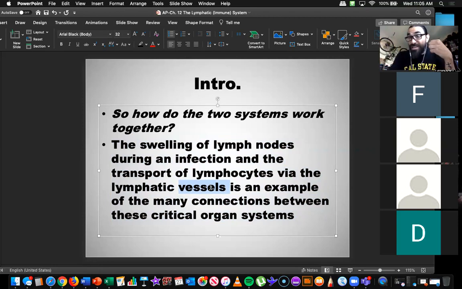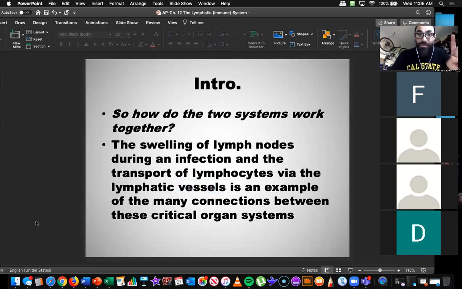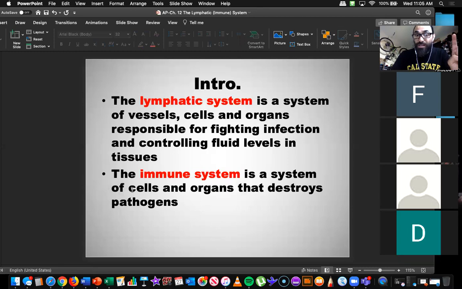The lymphocyte is an immune system cell. The lymph nodes and the lymph vessels are the ways that those white blood cells get to the site of infection. Does that make sense? Yes. I'll say it again, right? So two systems, okay? The immune system is the cells and organs, okay?